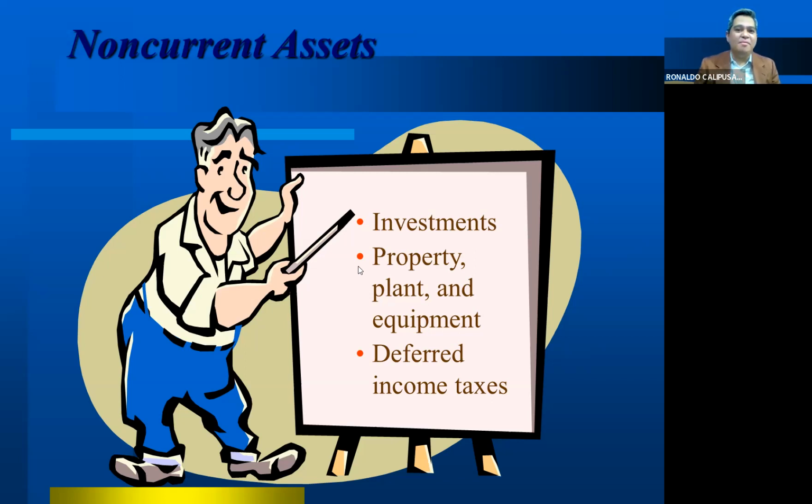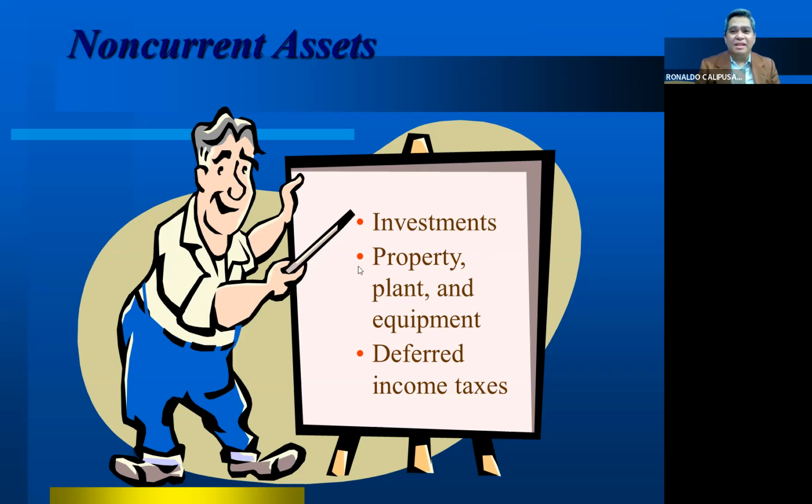When the Philippine government borrows money, it's normally long term. It's payable in 5 years, 10 years, 15 years. So if you have excess cash, what do you do? You invest. That's an example of your non-current asset investments. You're familiar with property, plant, and equipment. Deferred income taxes, for example, are when you've overpaid tax to the government.